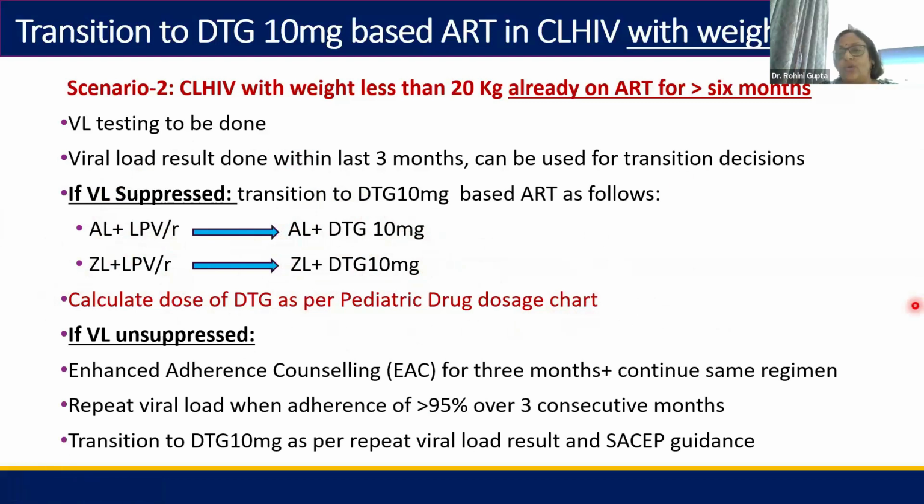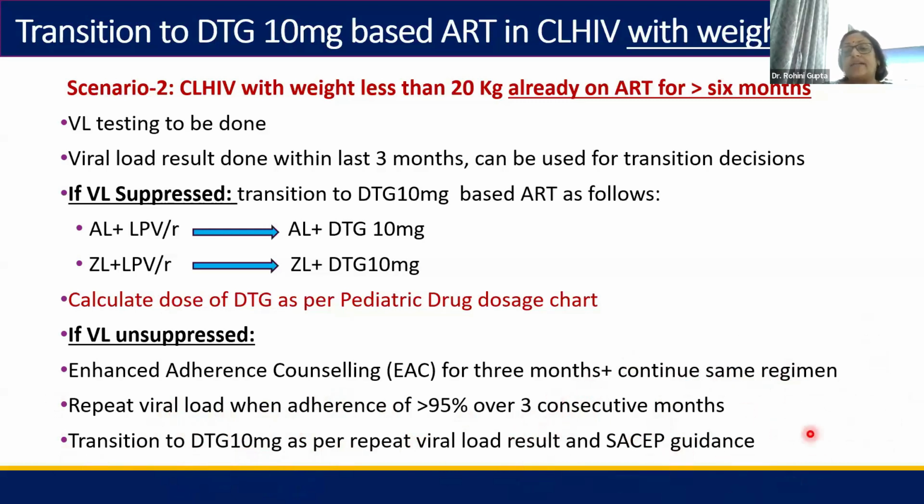If the viral load is more than 1000 copies, we do 3 months of enhanced adherence counseling while continuing on the same regimen which the child was on. We do a repeat viral load when adherence is more than 95% over 3 consecutive months. And depending on this repeat viral load, we do transition of the child to a DTG-based 10 milligram based ART regimen with SASIP guidance.